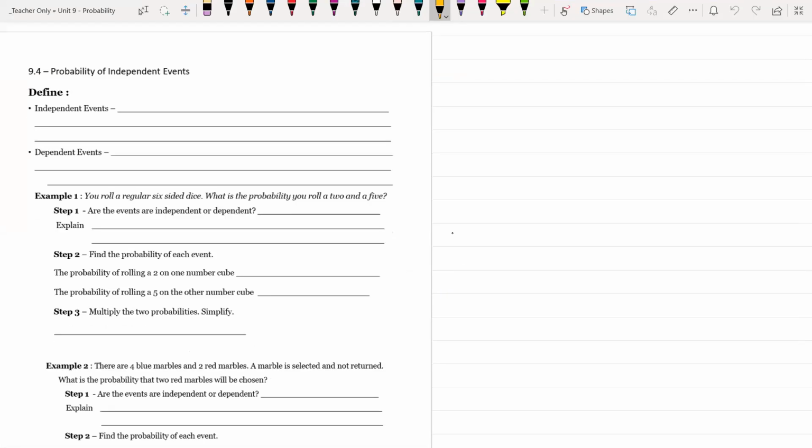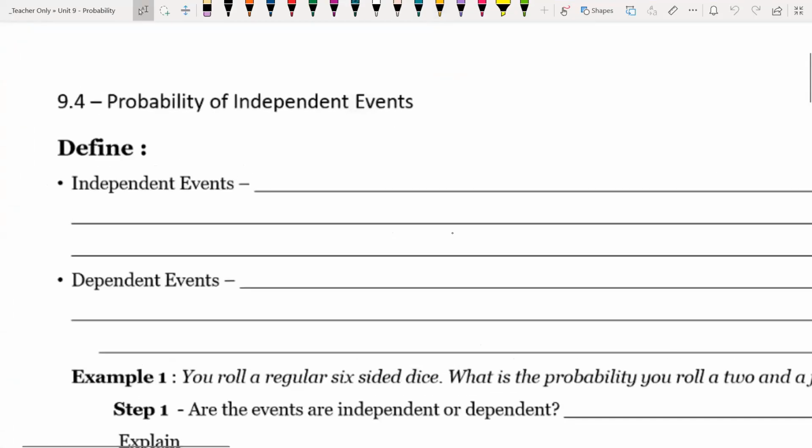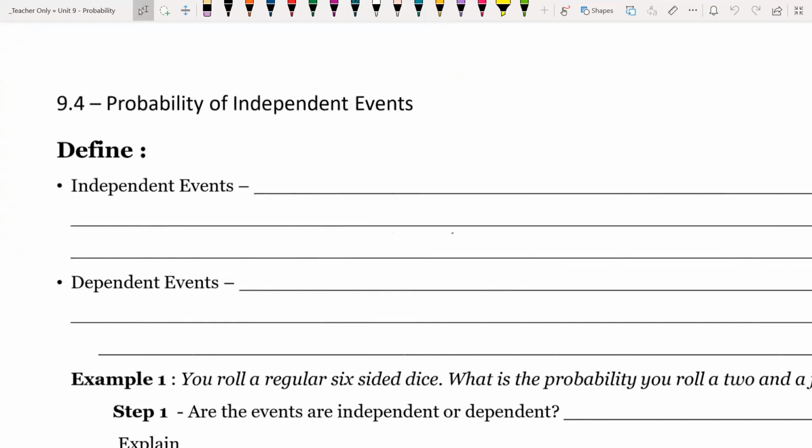Right, so we're going to talk about the probability of independent and dependent events. Independent events are when we find the probability of each event occurring.